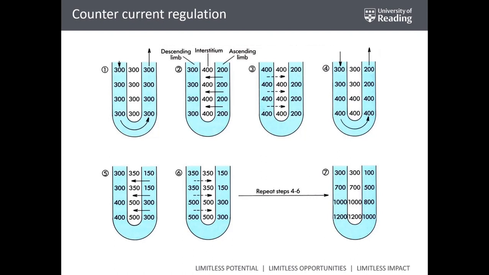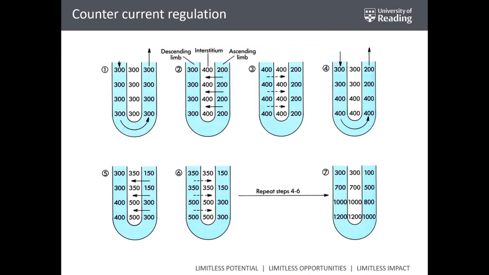So we move solutes, electrolytes from the ascending limb into the interstitium, but water doesn't follow. So we will further increase the concentration of solutes in the interstitium and decrease the concentration of the solution into the ascending limb.